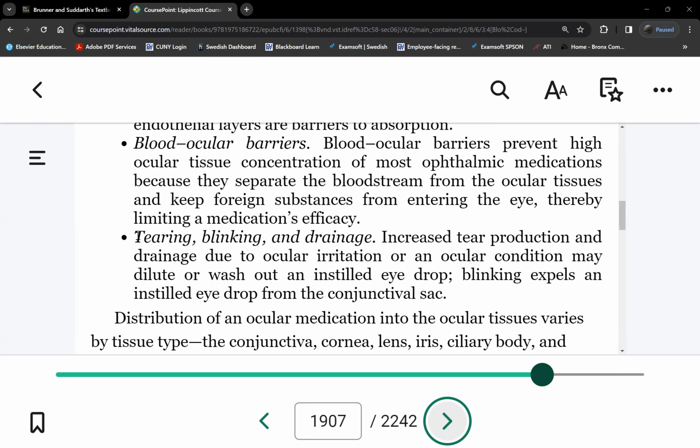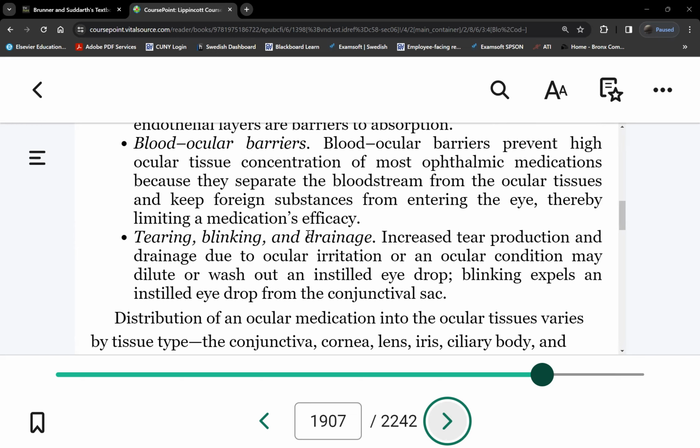Whenever any debris, wet, solid, or even gaseous material, like air, enters or the eyeball is exposed to it, it automatically triggers tear production. Then you automatically blink, and there will be increased drainage of the liquid, right? So consider these whenever you administer medications.